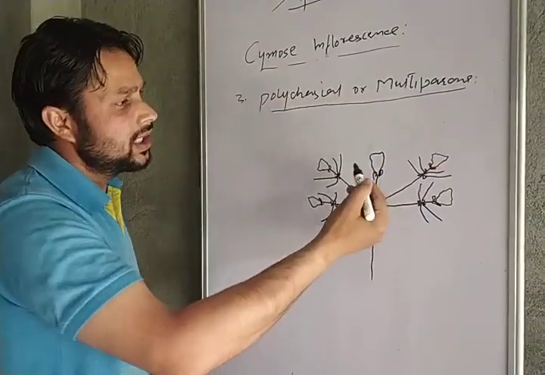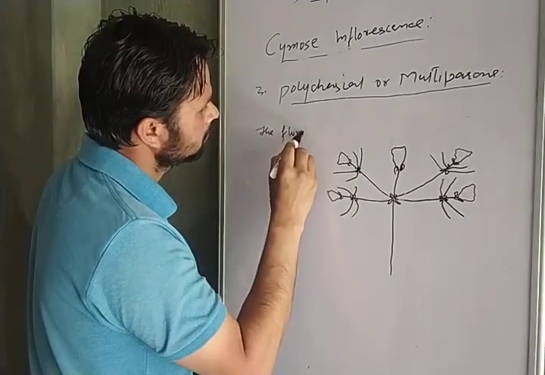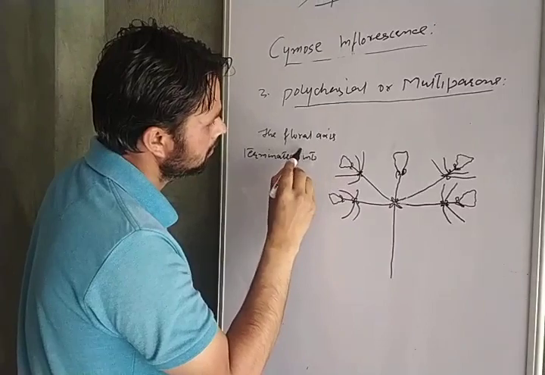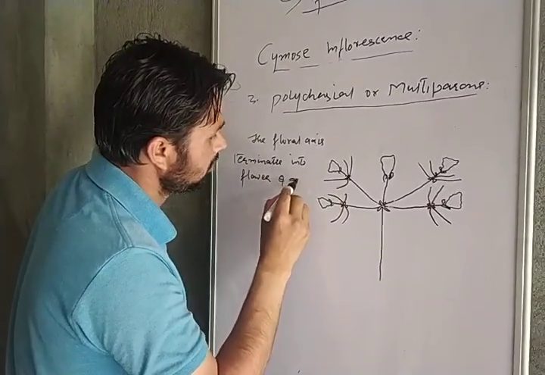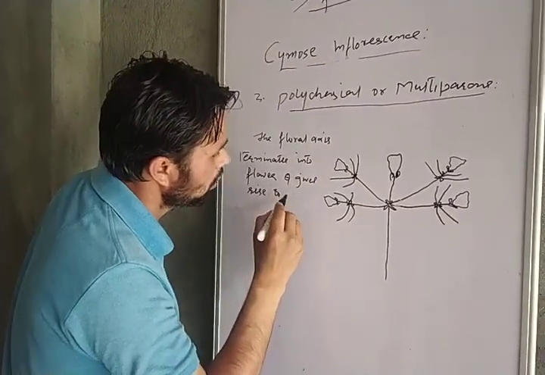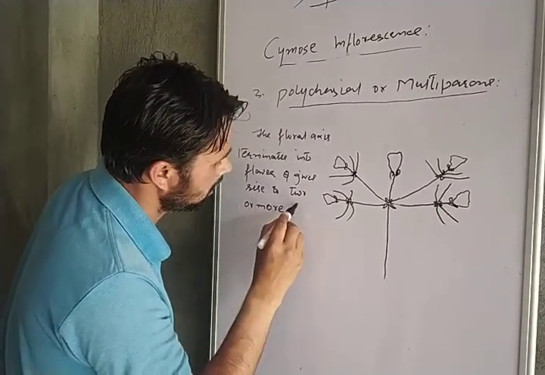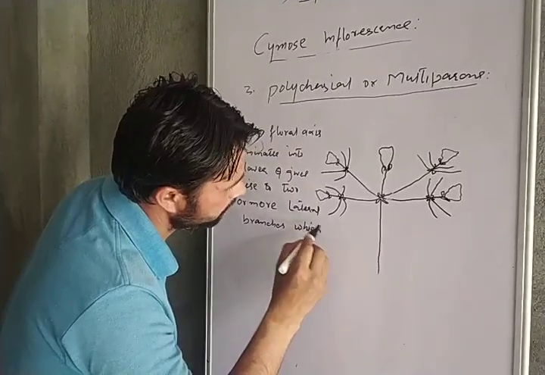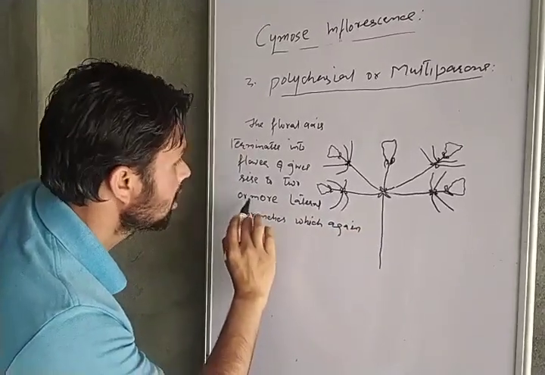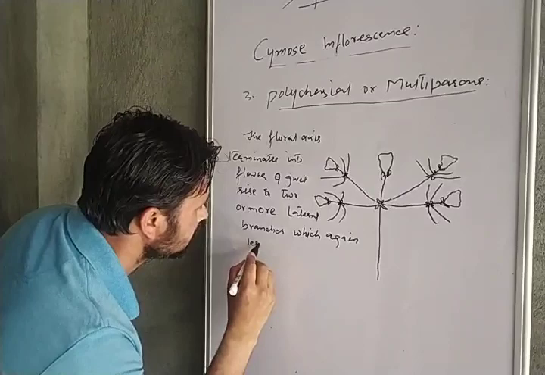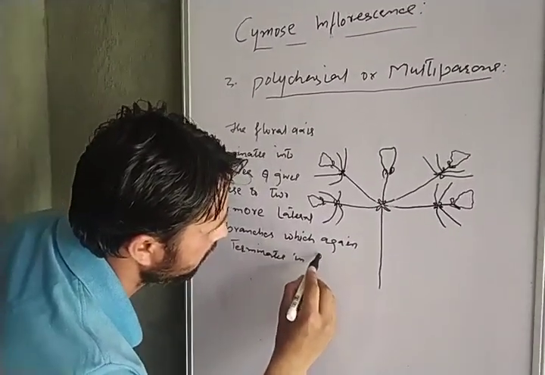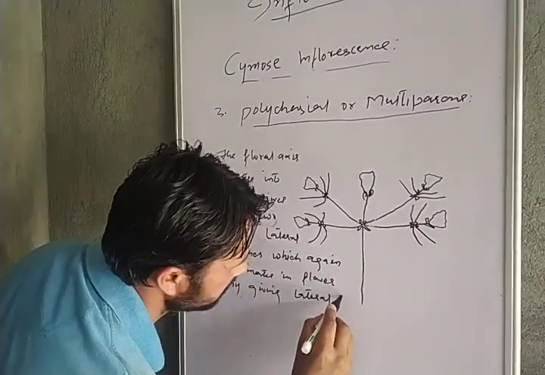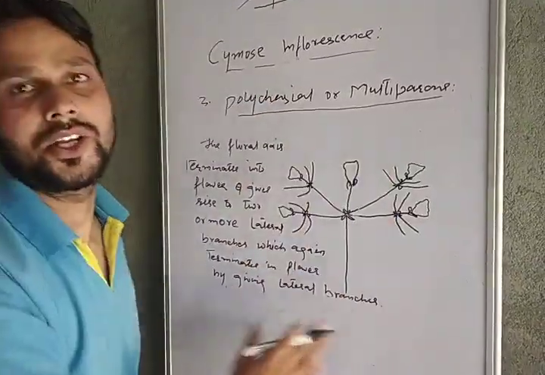Okay, if we write, we can say the floral axis terminates into a flower and gives rise to two or more lateral branches, which again terminate into flowers by giving lateral branches, and this process goes on continuing. I am writing here in common language.